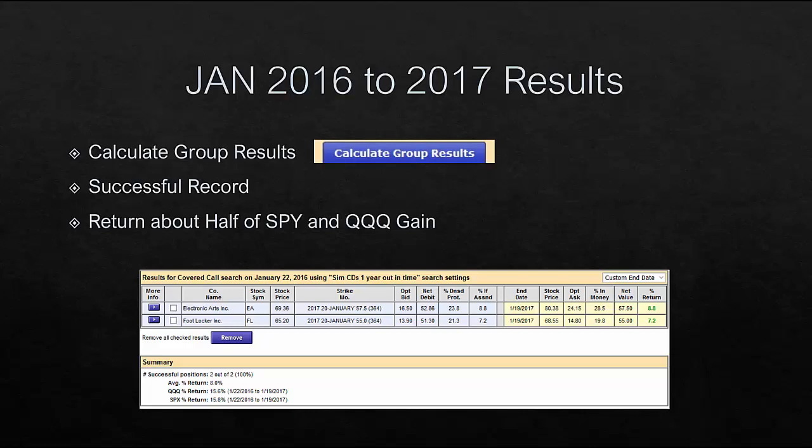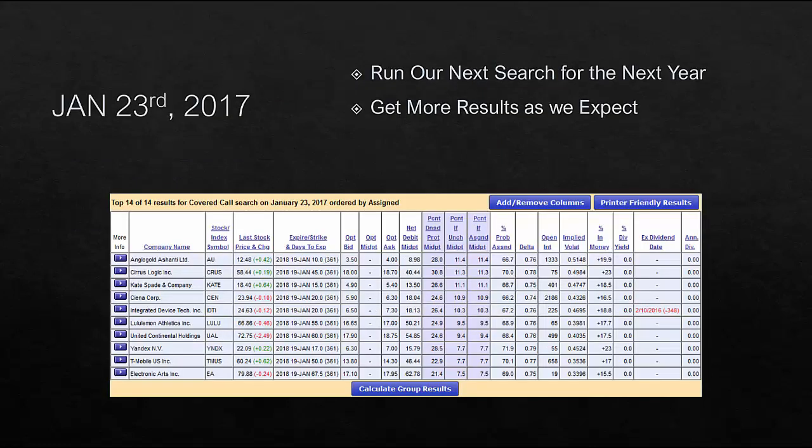Let's move on. We freed up our money on January 19th. We move forward to the next cycle. Following Monday, January 23rd, 2017, we run our next search for the simulated covered calls for the next year. Market conditions are better. We get more results as we expected.